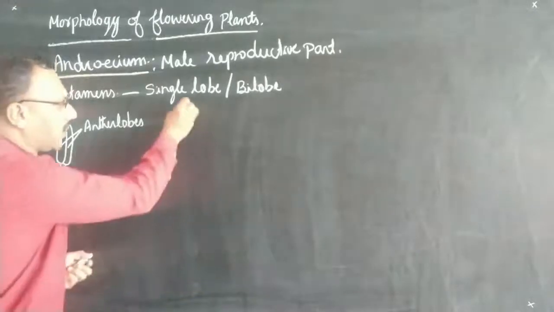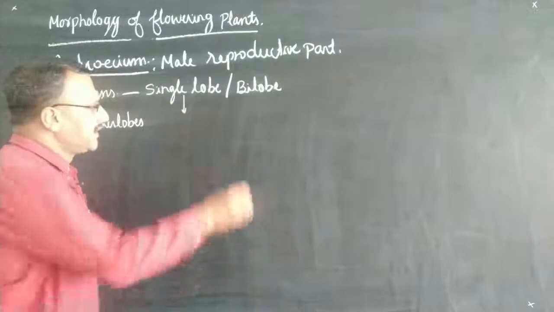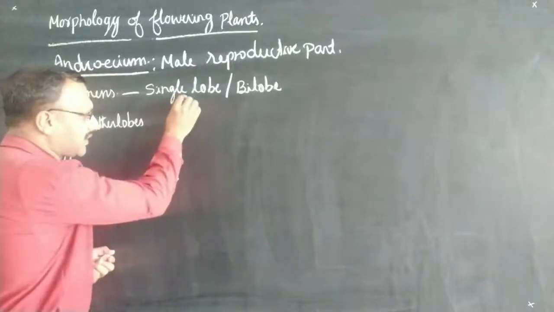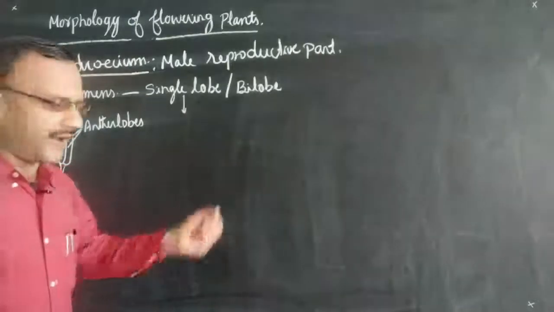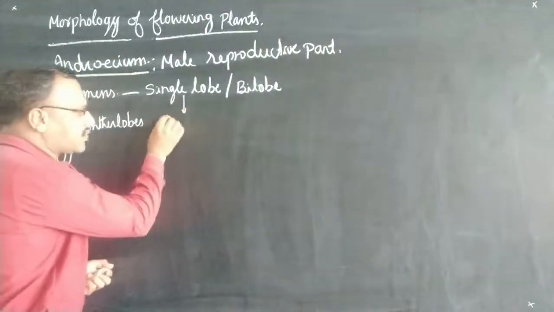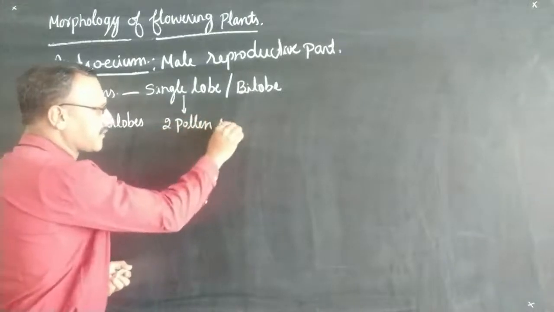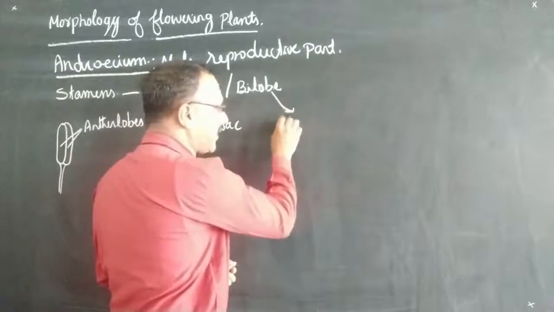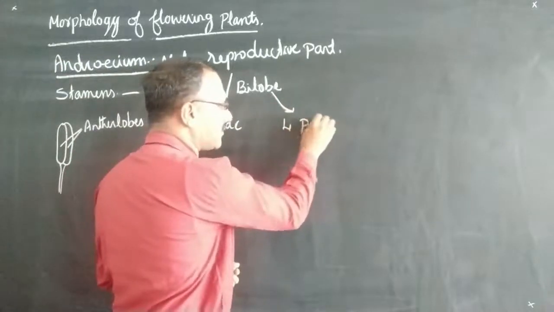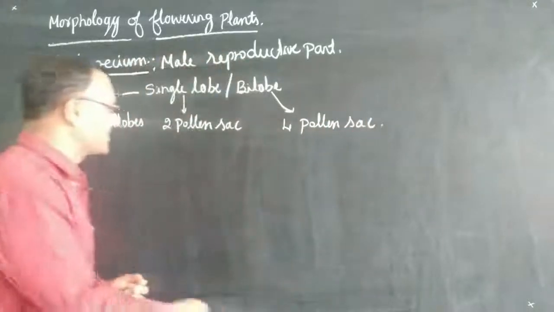The single lobed anther bears 2 pollen sacs, whereas the bilobed anther bears 4 pollen sacs which are arranged in that.